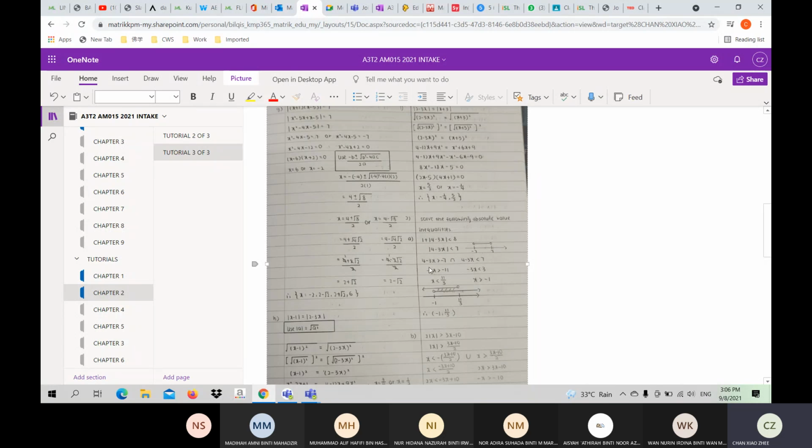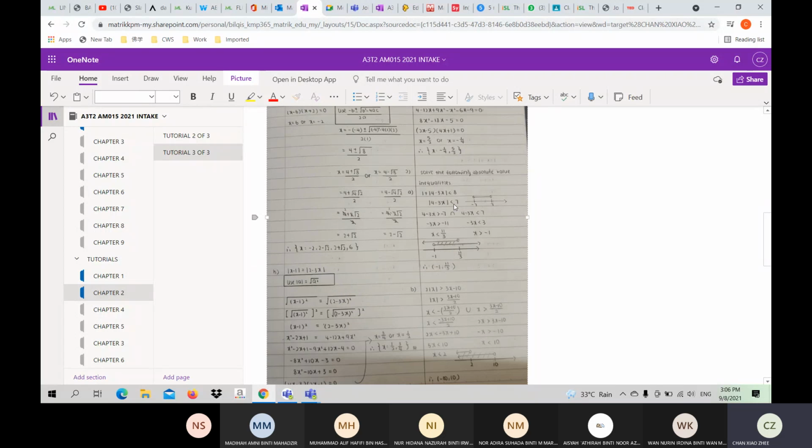So akan jadi absolute 4 minus 3x smaller than 7. Positive 1 move to right hand side will become negative 1.